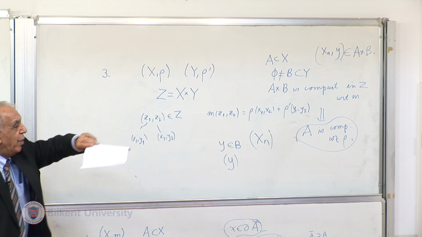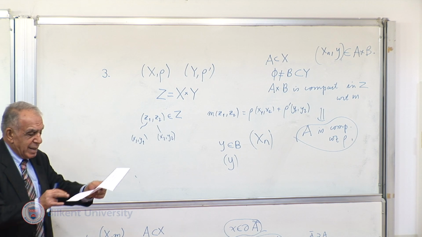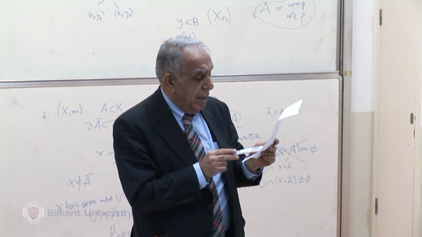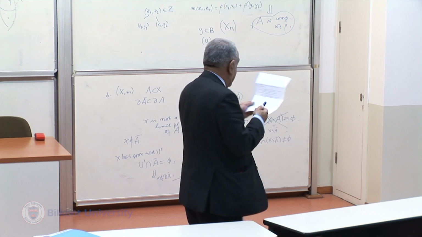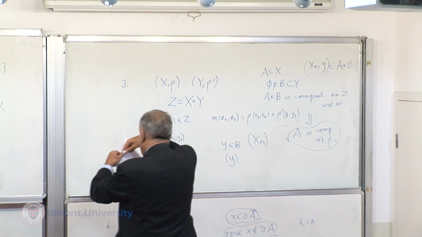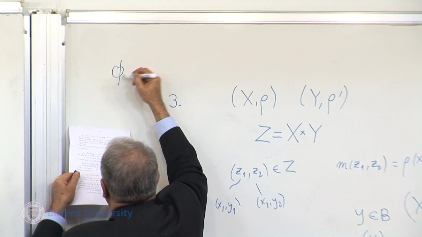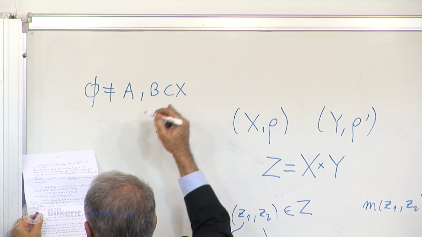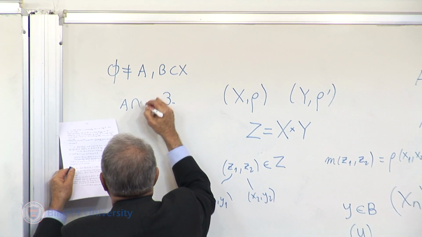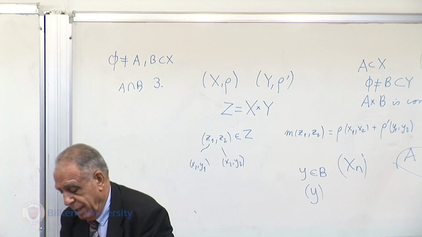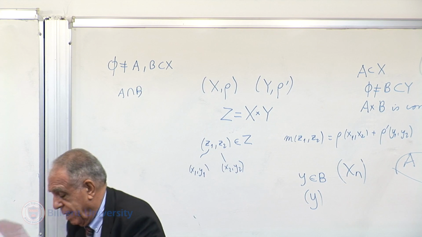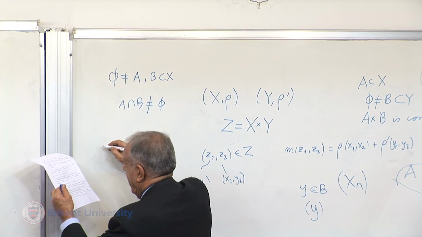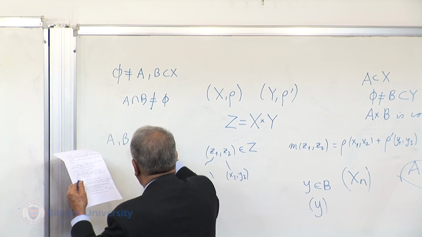Finally, 4. Well, I guess here, let me just say, unfortunately, there's a typo in C. It says A, B in X with A intersection B empty. It should be non-empty. A, B are both bounded.